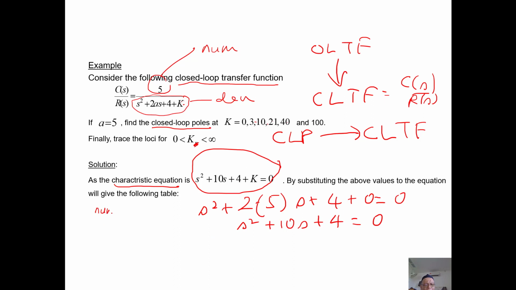You define the num. The num is equal to 5. The den will be equal to [1 10 4]. And then using the command called roots for the den, you get the answer.